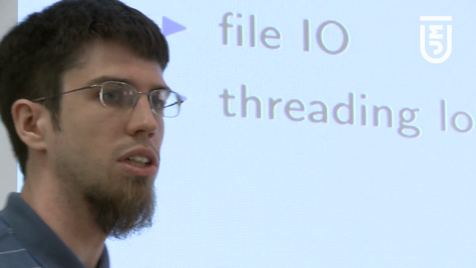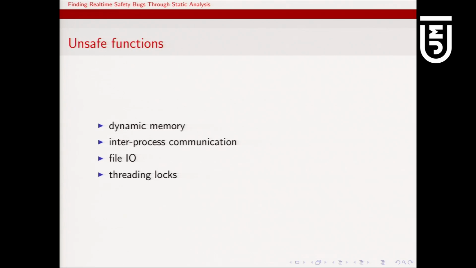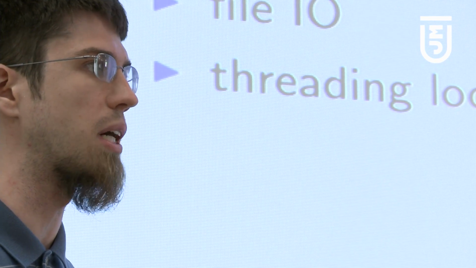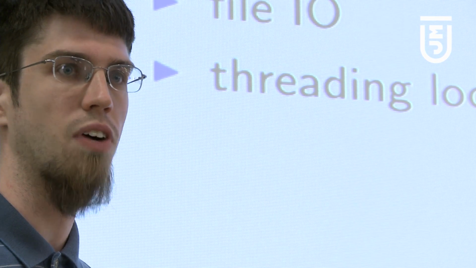There's a couple of classes of functions which I'm going to consider to be real-time hazards that are just generally unsafe. You have memory allocation routines such as malloc, free, and the C++ variants of that, new and delete. You're going to have inter-process communication techniques, some of which might be safe, but a lot of them are not going to be because they might rely on communicating through file descriptors.